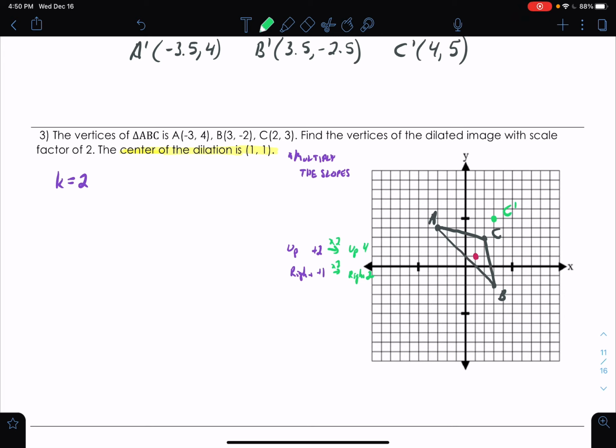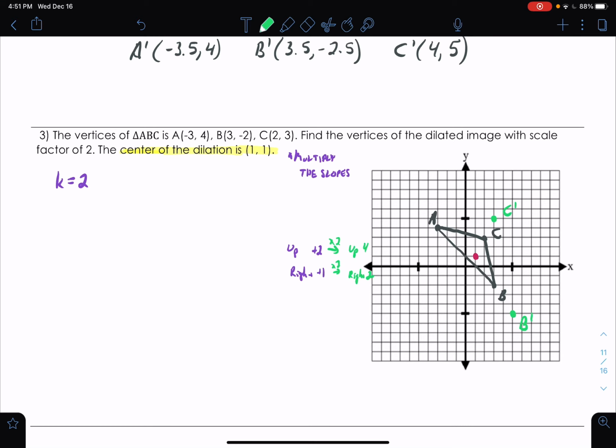To get to B, I go down 1, 2, 3 to the right 2. So instead of going down 3, I'm going to go down 6. Instead of going to the right 2, I'm going to go to the right 4. And there's B'. To get to A, I go up 1, 2, 3 to the left 1, 2, 3, 4. So instead of going up 3, I'm going to go up 6.